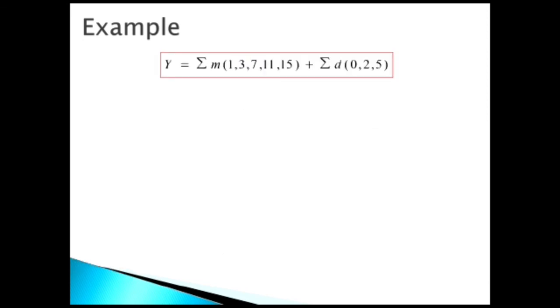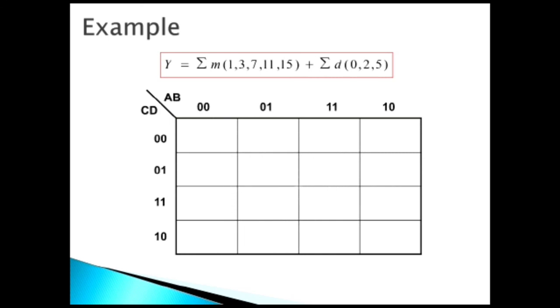Now let us discuss one more example with don't care term as mentioned in this problem. It is again the case of 4 variable K-map. We will place the don't care at particular location of the cell, that is 0, 2 and 5. We will place the min terms at 1, 3, 7, 11 and 15. Now we will make the pairings in this K-map. The first grouping is becoming like this and the second pairing is becoming like this.